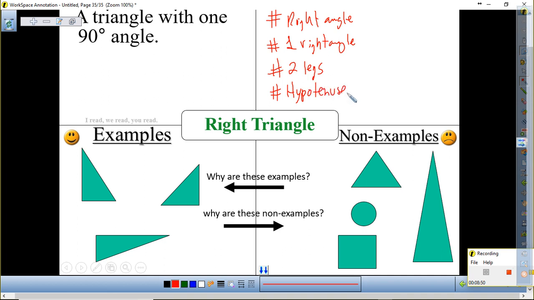Hypotenuse. That is correct. And last one. Triangle. All right. We good?